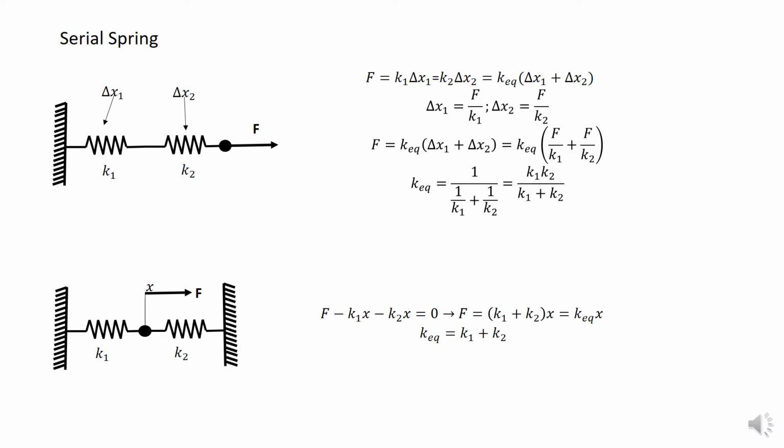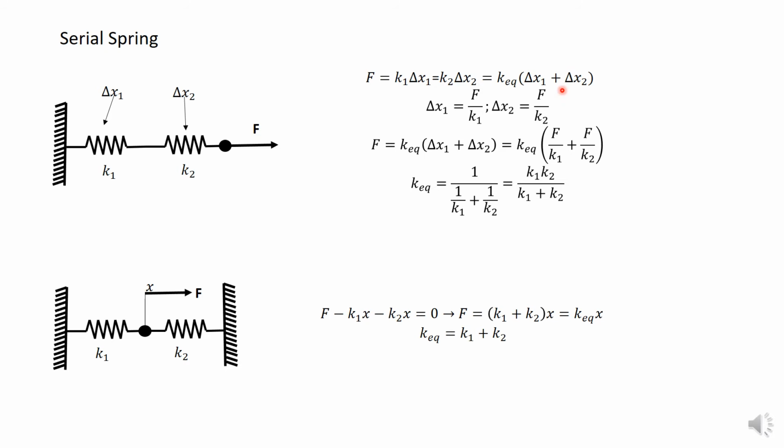So F should equal K1 delta X1, and K2 delta X2. It should equal K equivalent, assuming we have only one spring here, times the total displacement, delta X1 plus delta X2.